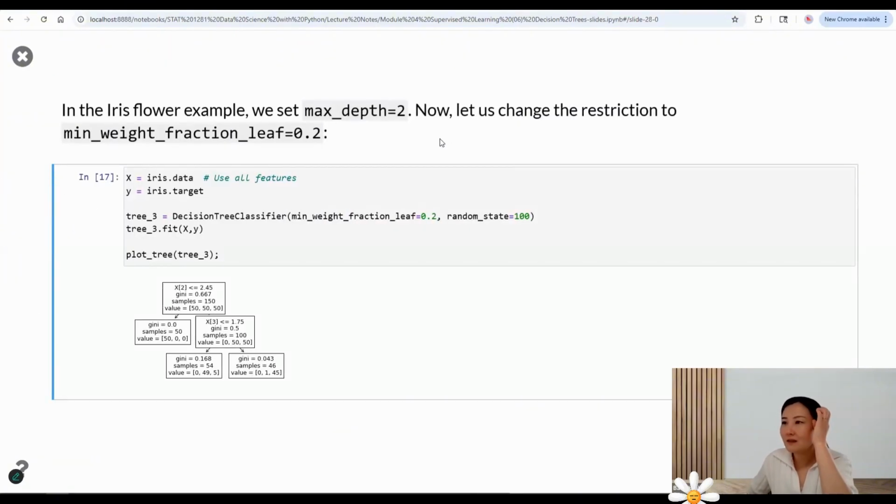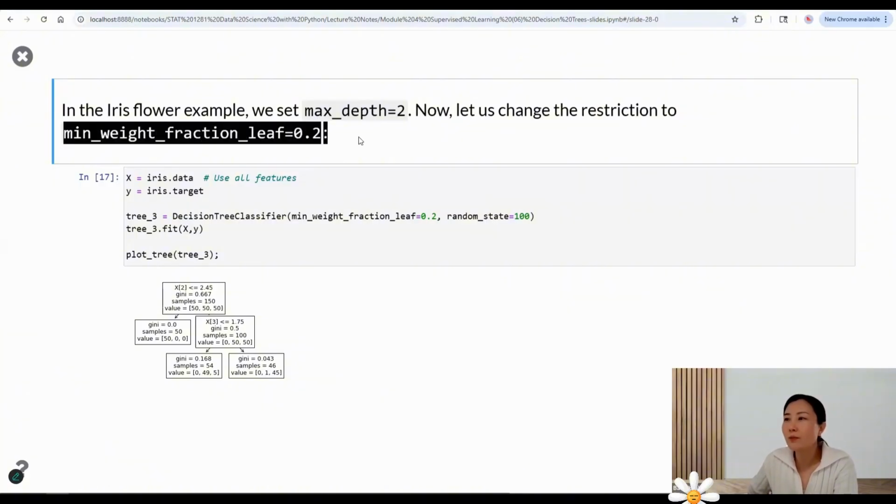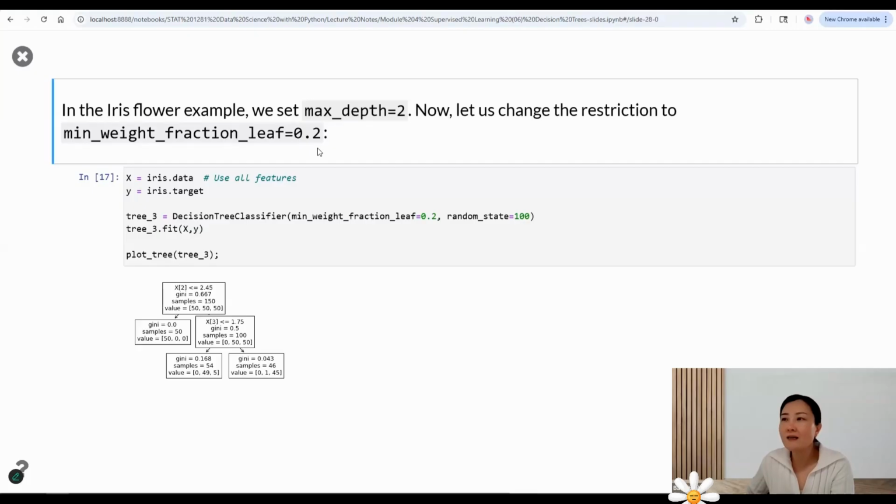All right, now let's see. So in the previous example, we let max depth equals 2. So now let's use another hyperparameter, min weight fraction leaf equals 0.2. So this means each leaf should have at least 20% of the training observations. In our case, we have 150 observations, so 20% will be 30.